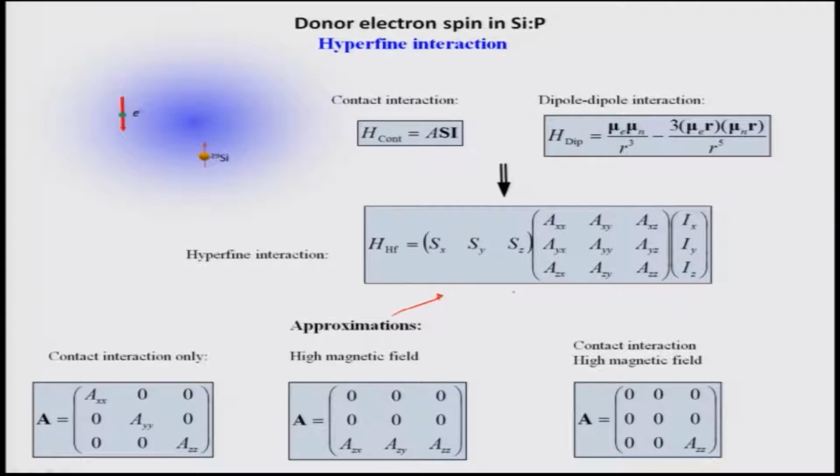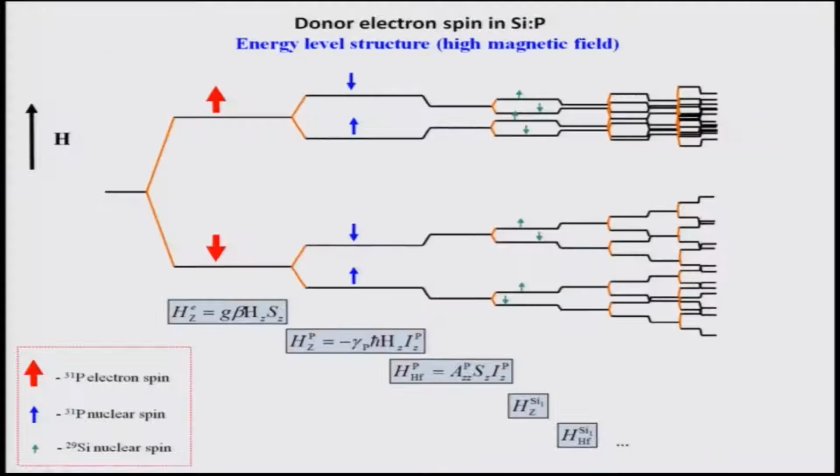There are certain approximations which are utilized in this particular final statement written in terms of the hyperfine interaction. Only the contact interaction is being considered under high magnetic field. The contact interaction in a high magnetic field is only along the direction of the applied field, and so this makes the interaction much easier to handle as compared to a general term.